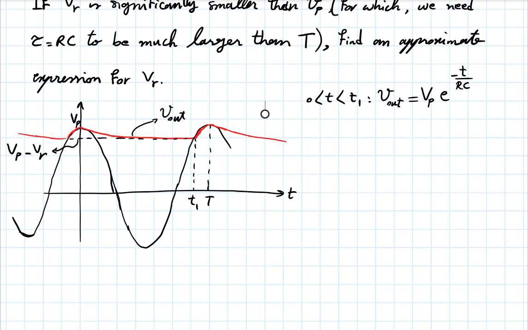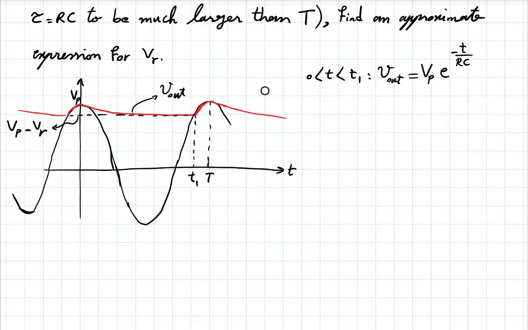What is the value of Vr in this case? What is the voltage at that point? What is Vp minus Vr? It's the point that this exponential decay has reached at time t1, right? So Vp minus Vr is just V out at time t1, which is Vp e to the minus t1 over RC.